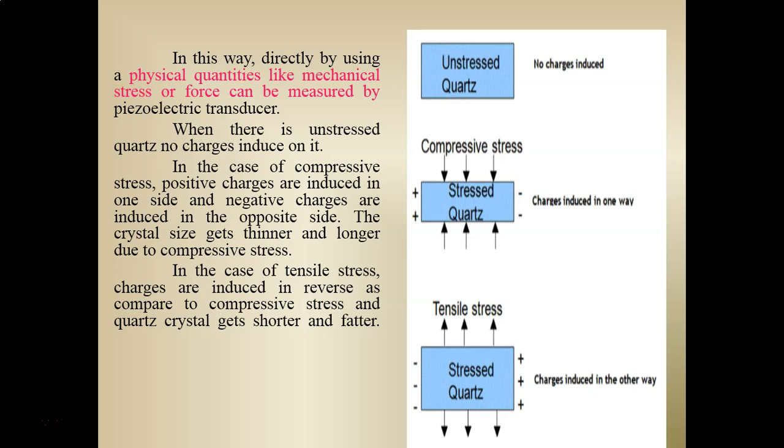In the case of compressive stress, positive charges are induced on one side and negative charges on the opposite side. The crystal gets thinner and longer due to compressive stress. In the case of tensile stress, charges are induced in reverse, and the quartz crystal gets shorter and fatter.